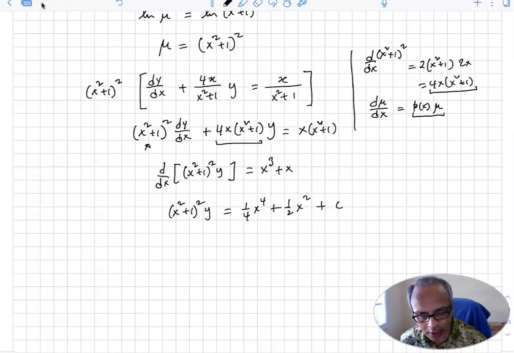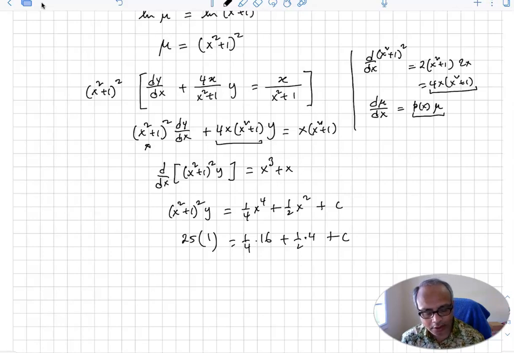So y at 2 is 1, y is 1, x is 2, so 2 squared is 4 plus 1 is 5, 25, times 1 equals 1/4 times 2 to the 4 is 16, 4, plus 1/2 times 4 is 2, plus c. So this one is 4 plus 2 is 6, 25 minus 6 is 19. So c is 19.